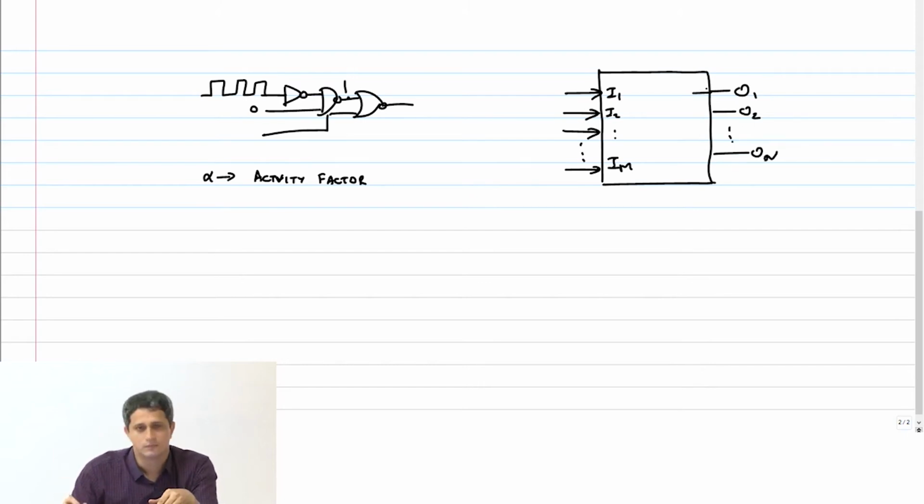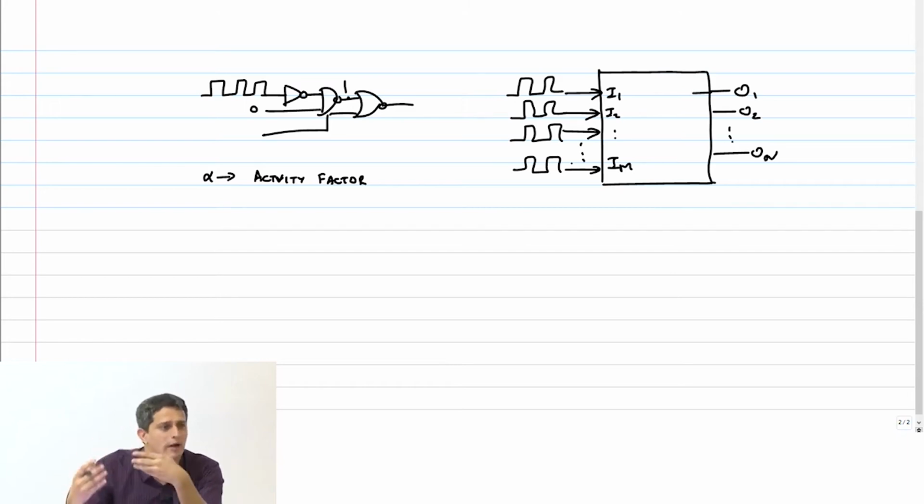Now the inputs could actually be switching every time, doesn't matter. This could be ideal clocks, it doesn't matter to me. Or it could be some other arbitrary signals.